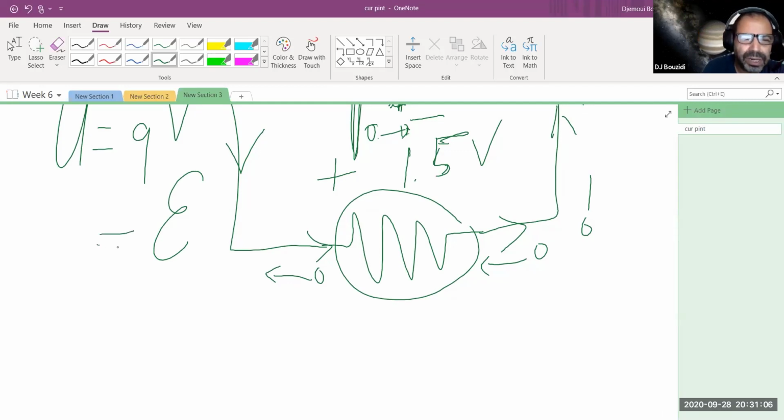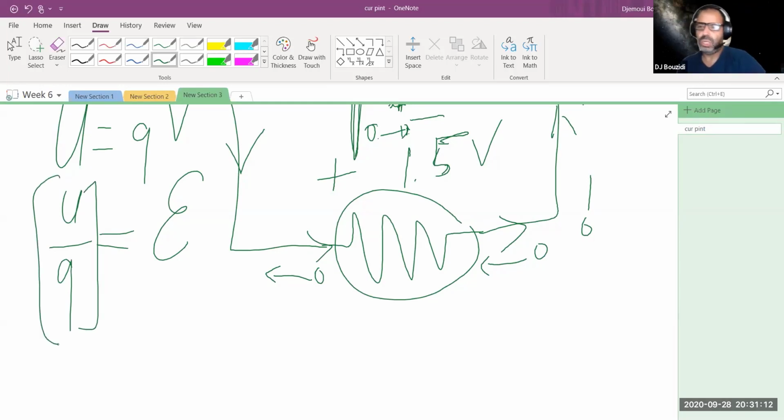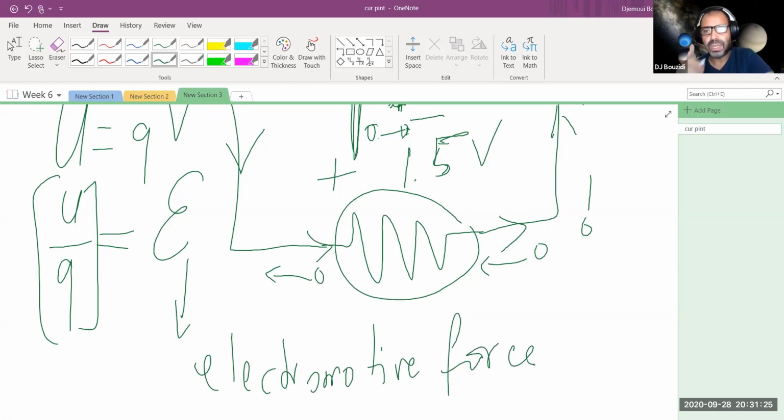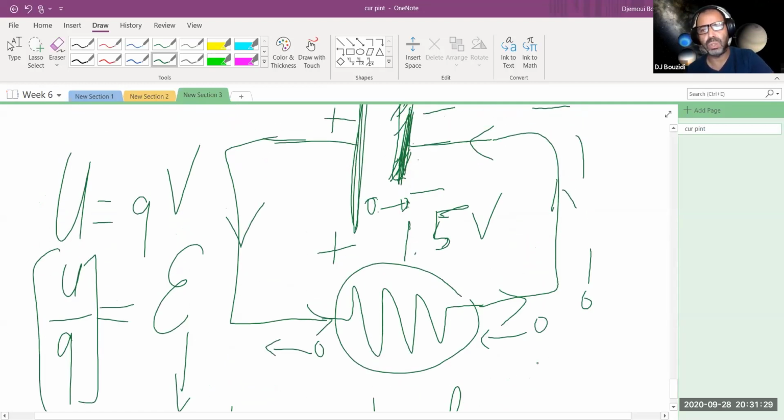This epsilon is the amount of energy per unit charge that is needed for the battery to operate. So the electromotive force, as long as the battery still has juice in it, that's the word they use in the streets, it has energy, really.